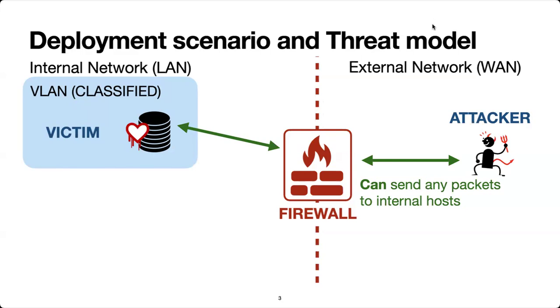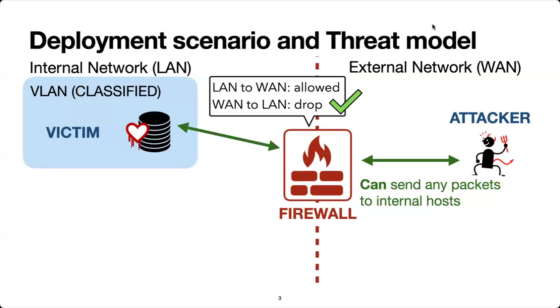This critical server might be running an old OS and might have a vulnerability, but is expected to be protected by the firewall. The operator configures the firewall with the correct rules. So a canonical example of rules that are configured is that TCP connections should only be allowed from the internal to the external network and anything else should be dropped.